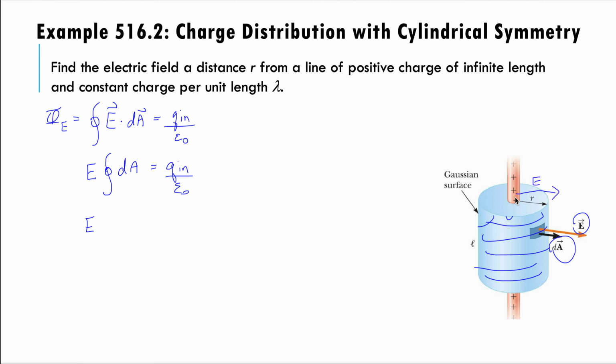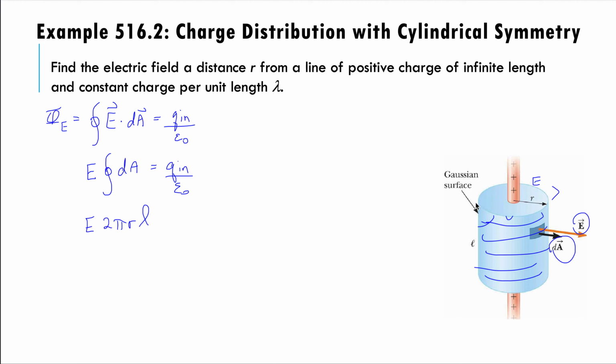So the field is parallel to this flat end. So none of the field is going through this flat end. There's no flux through the ends of the cylinder. We only care about the curved surface. That's the only area that we need. The area of the curved surface is 2 pi R L.